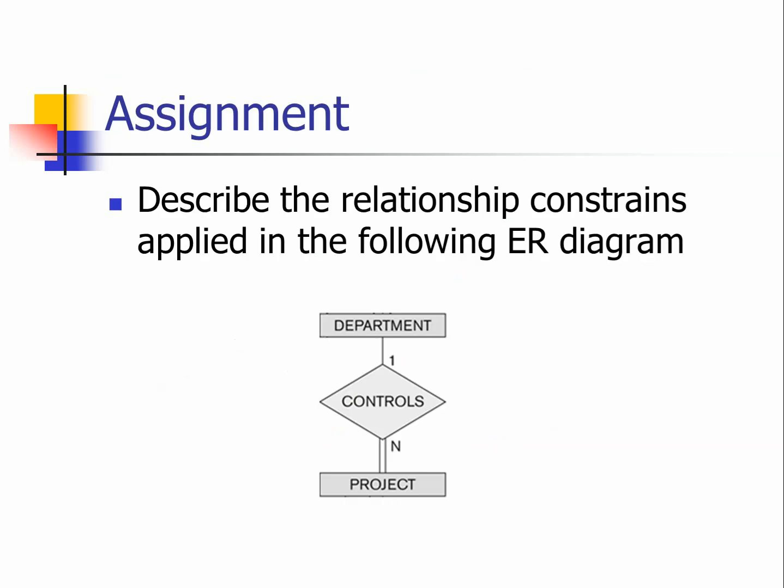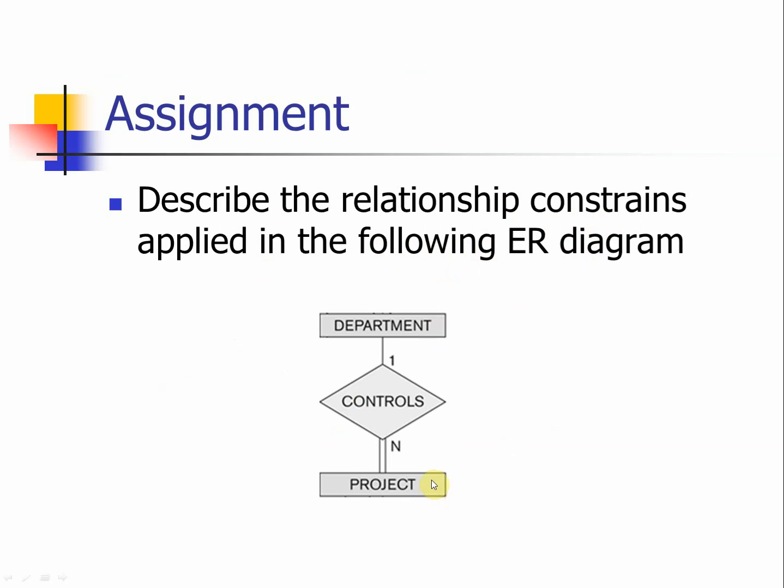It is time for us to give you some assignment. This is the assignment that I want to give to you through this video. Describe the relationship constraints applied to the following ER diagram. In this ER diagram, you see you have department and project.